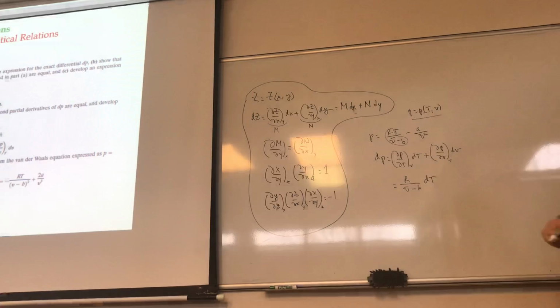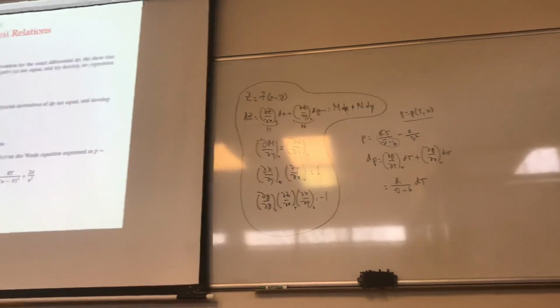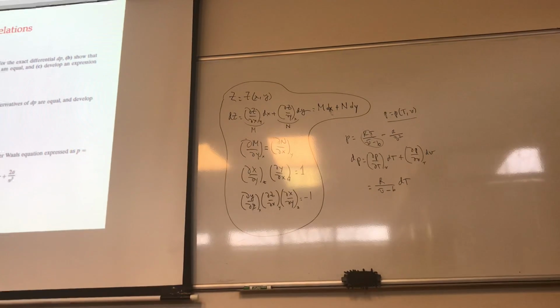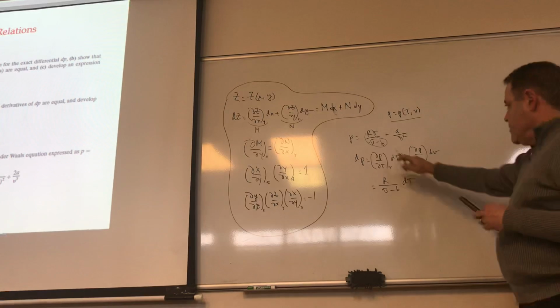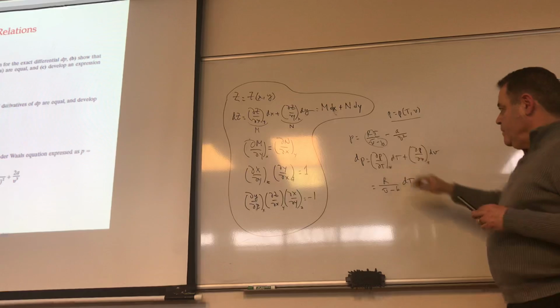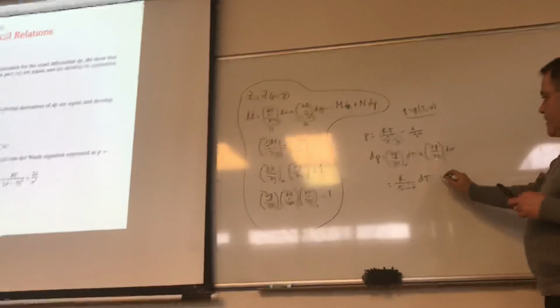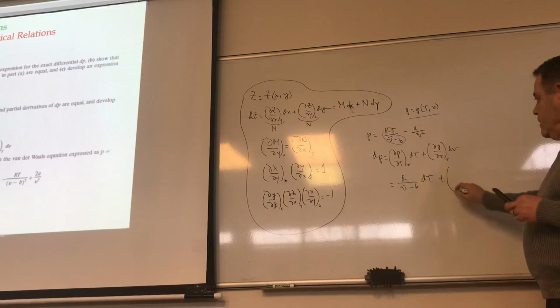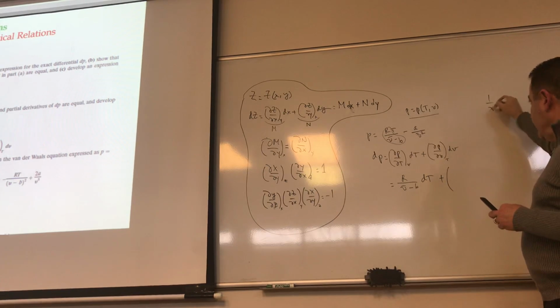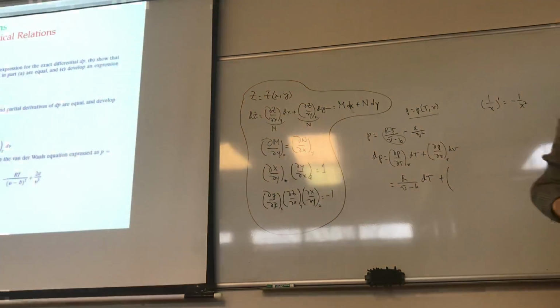Now, how about this? If I want to take this with respect to V, that's V bar minus B. So remember the derivative of 1 over x is minus 1 over x squared.